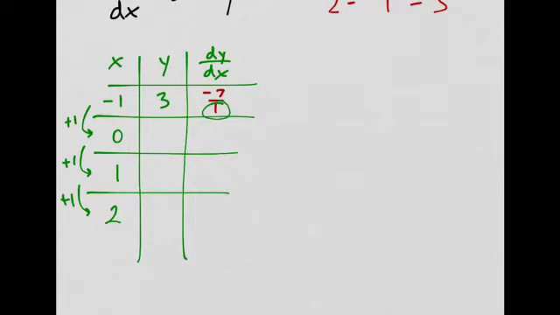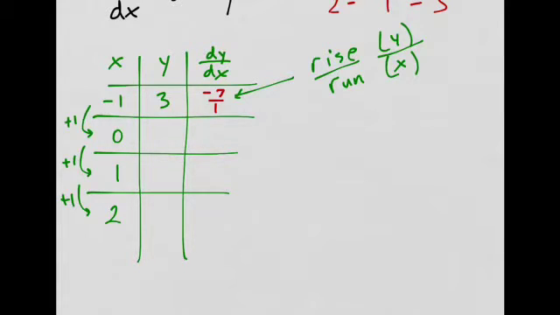Since I'm incrementing by 1, and my slope, remember, is rise over run, where the rise is the y change and the run is the x change, that means for every one value of x that I change, I subtract 7 from y.